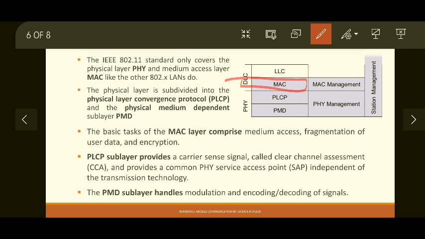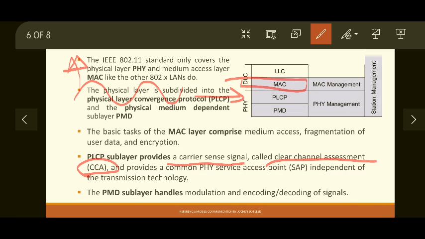Okay, then the PLCP layer. In this particular video we will see just the general functions of these layers. Details of these layers will come in the coming videos. So the PLCP layer provides a carrier sense signal, that means a signal which is able to sense whether a medium is free or busy, and such a signal is called clear channel assessment or CCA.